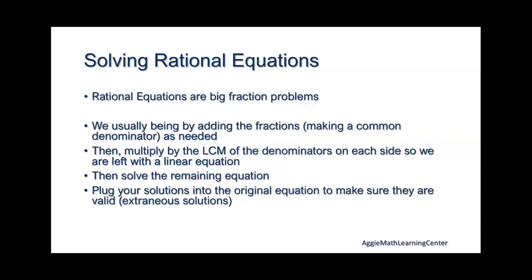So first, find your least common denominator. Then you're going to multiply by your least common denominator so that you get rid of your fractions. And then you're going to solve the remaining equation and check your answers to make sure that you don't have any extraneous solutions.